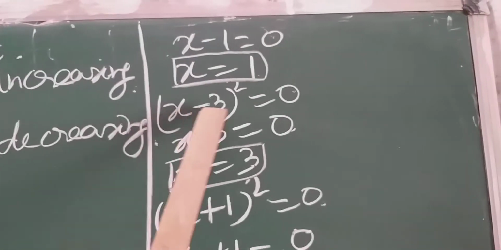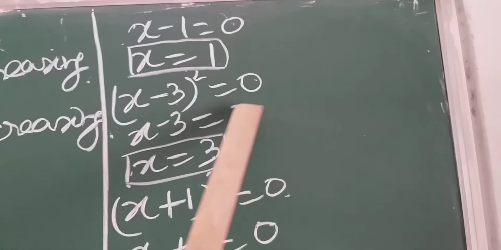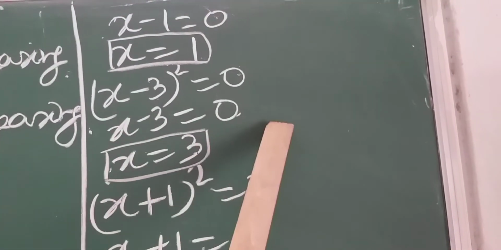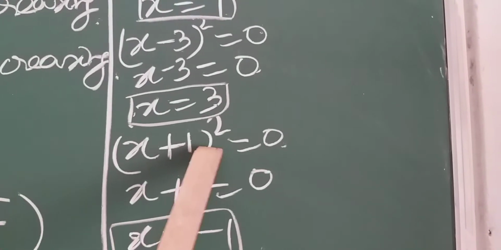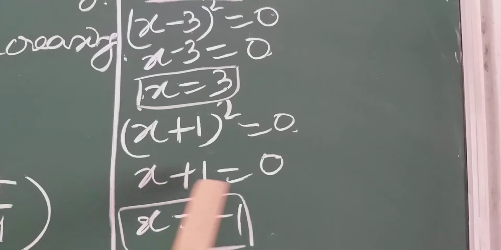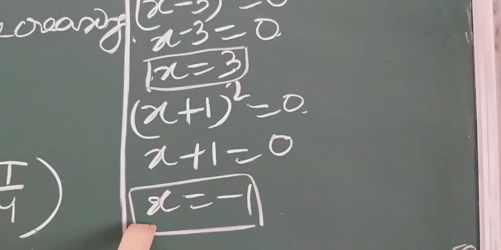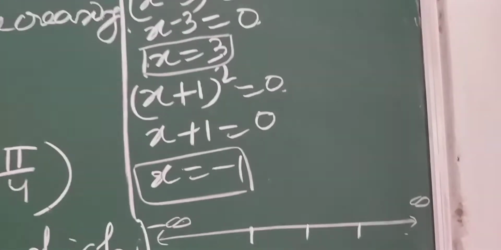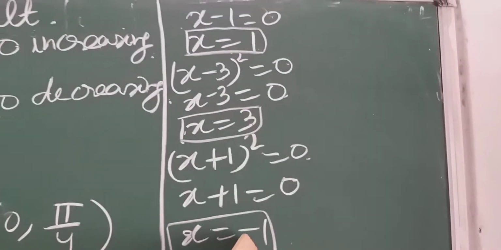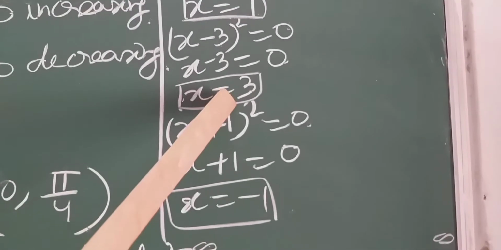Then we put (x minus 3) whole square equals 0, then x minus 3 equals 0, x equals 3. Now student, (x plus 1) whole square equals 0, x plus 1 equals 0, then x equals minus 1. So we have got the values of x: minus 1, 1 and 3.